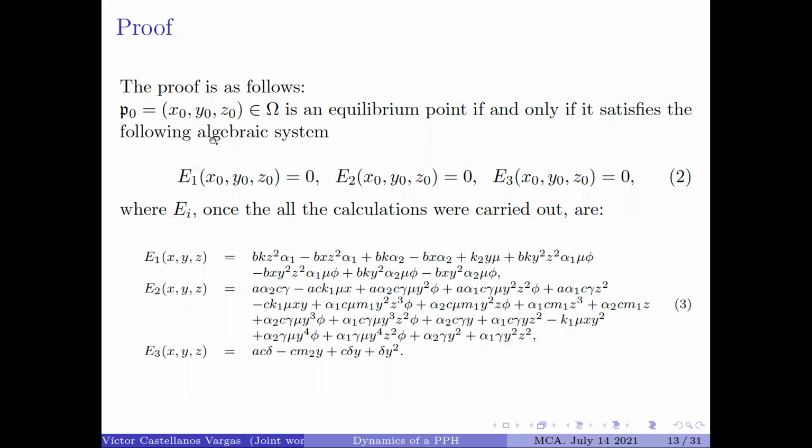The point P0, (X0, Y0, Z0), in the positive octant is an equilibrium point if and only if it satisfies the following algebraic system: E1 equal to 0, E2 equal to 0, E3 equal to 0, where Ei, once all the calculations are carried out, are given here. And then the expressions for E1, E2, and E3 are here.